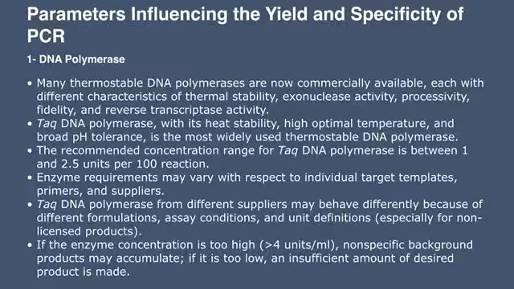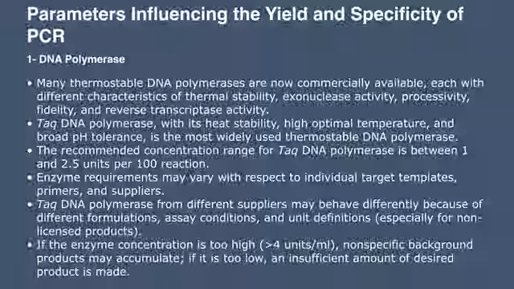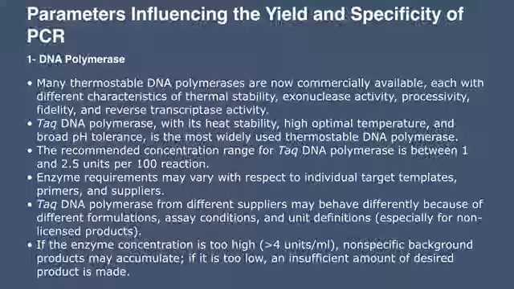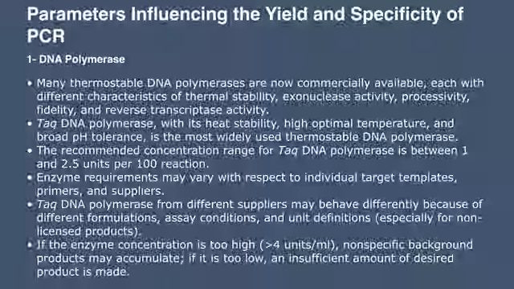Taq DNA polymerase, with its heat stability, high optimal temperature, and broad pH tolerance, is the most widely used thermostable DNA polymerase. The recommended concentration range of Taq DNA polymerase is between 1 and 2.5 units per 100 microliter reaction.